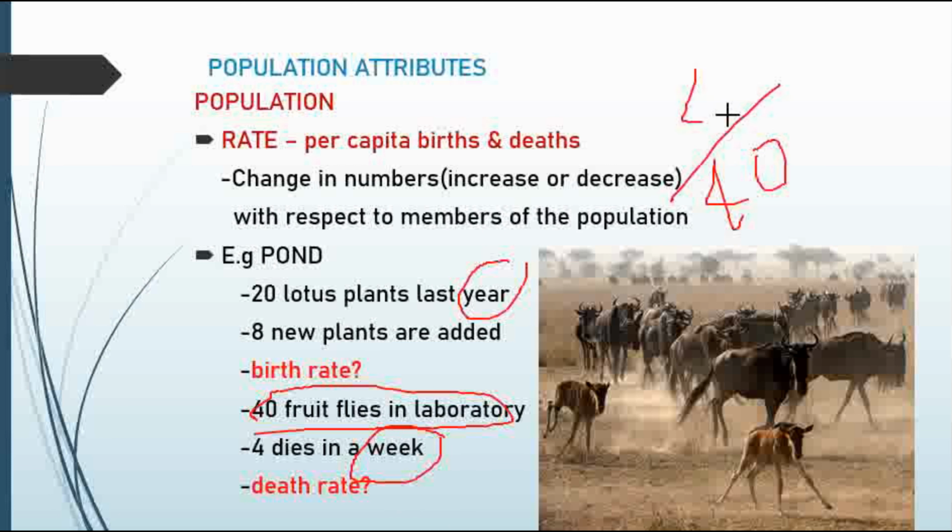So the death rate will be 0.1. So it is 0.1 individuals per fruit fly per week. It is the death rate.